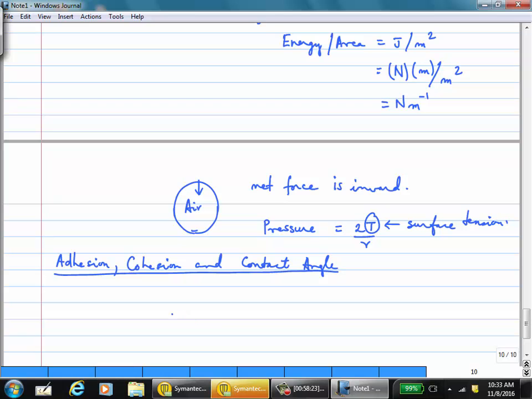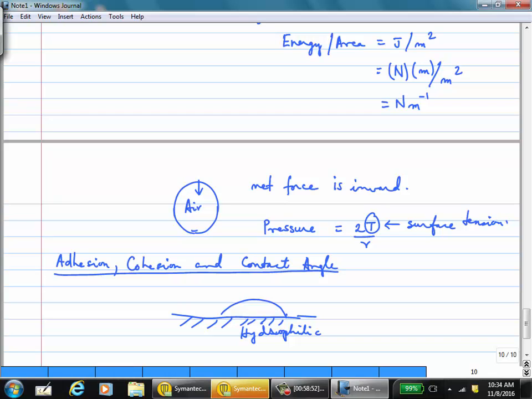Now suppose you have a hydrophilic surface here. That means it loves water. If you put a drop of water on this, what is it going to try to do? It is going to try to make the contact area as large as possible, because this surface loves water. So typically, if you put in a drop of water, it'll spread on the surface like this.